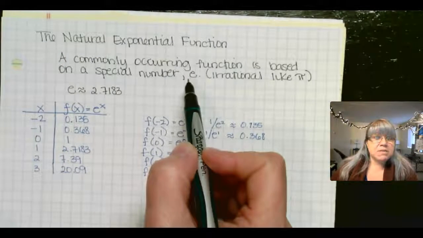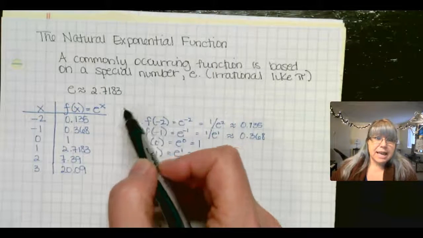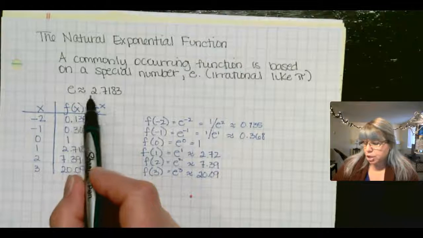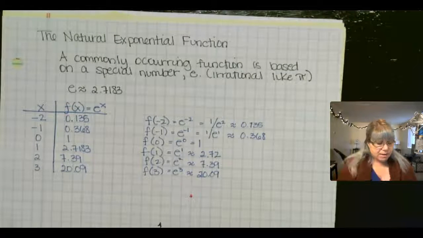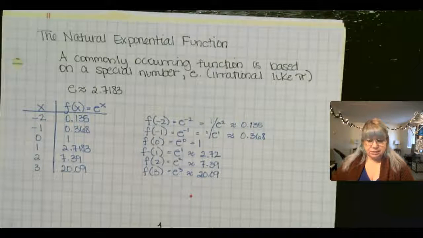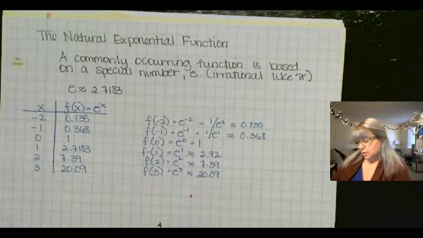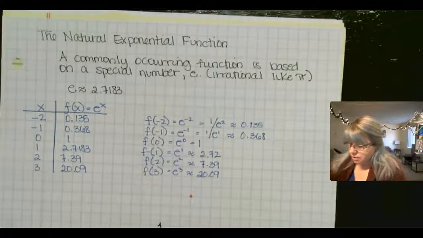E happens to be very functional in exponential functions, and e is approximately 2.7183. And in fact, if you do have a scientific calculator, and I'm looking at mine just to make sure mine does, if I do it on scientific function, I do have it. Let me clear that out.